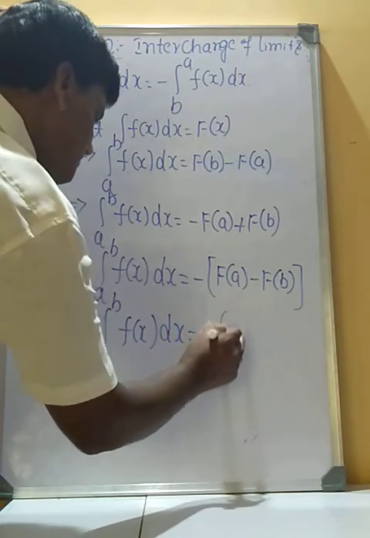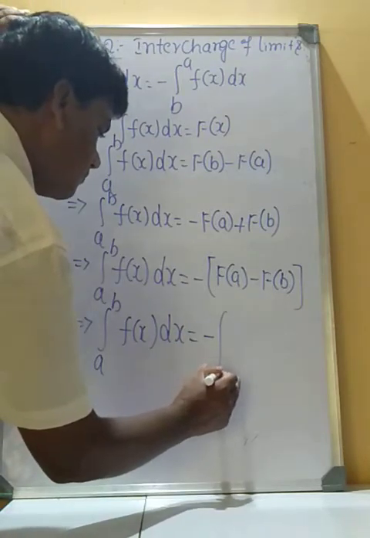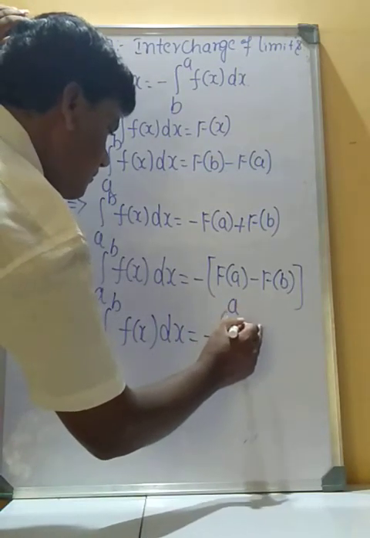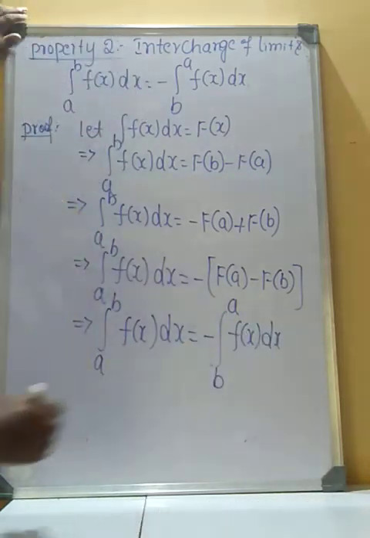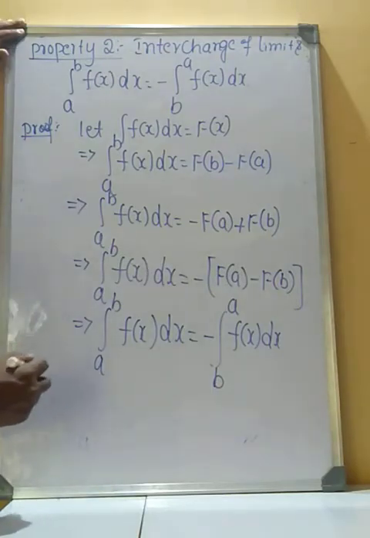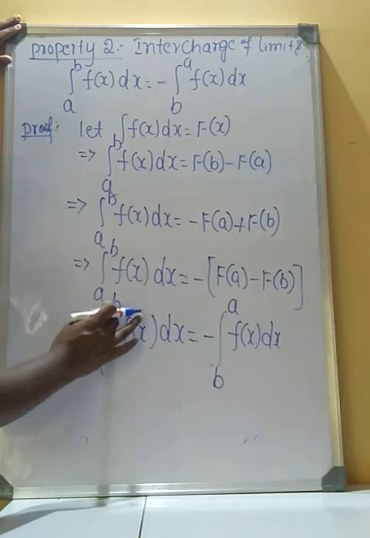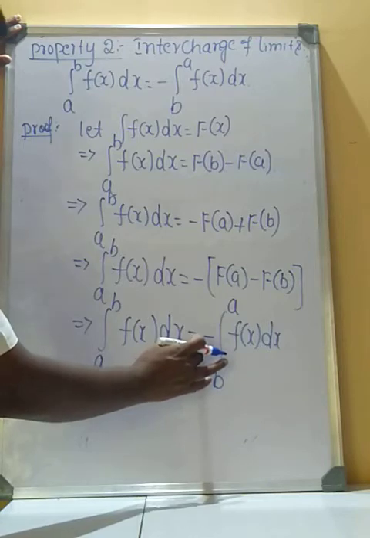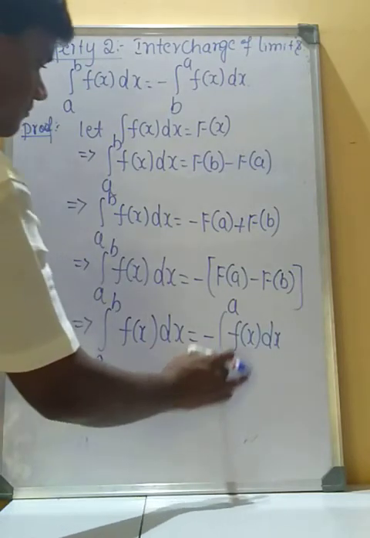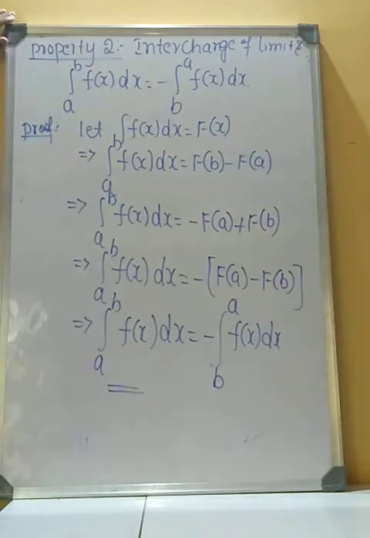This can be written as integral of b to a f of x dx. So therefore integral a to b f of x dx is equal to minus integral b to a f of x dx. This is interchange of limits.